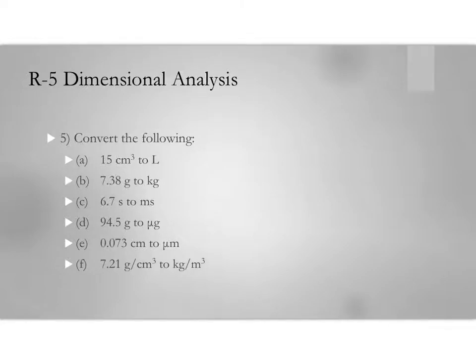Next topic here is converting the following units. We've got first there 15 cubic centimeters into liters. These are all metric, so it's a little easier, but you need to know in this case that 1 cubic centimeter is equal to 1 milliliter.